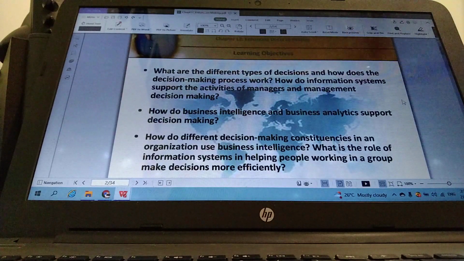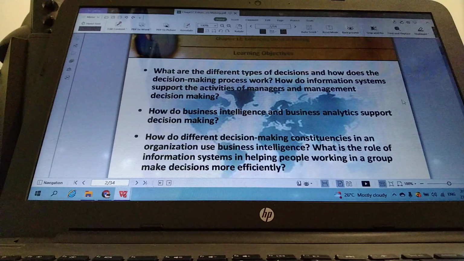The first learning objective for today's topic is: what are the different types of decision and how does the decision making process work? How do information systems support the activities of managers and management decision making?